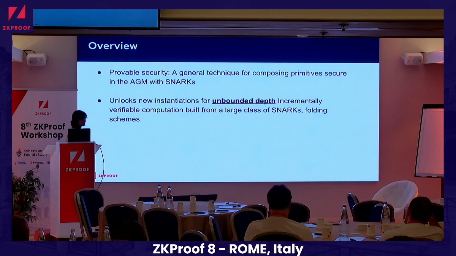One key takeaway is that this technique allows you to unlock new instantiations for unbounded depth IVCs that can be built from a larger class of SNARKs and folding schemes that was not possible before. By unbounded depth, I mean that this incremental computation can go on for an arbitrary polynomial number of steps.